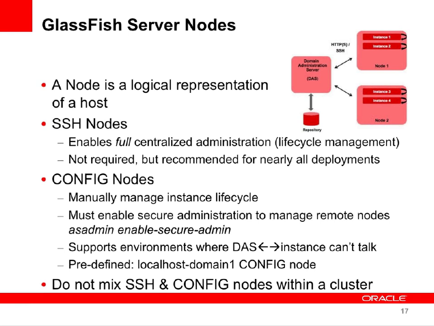So if you have a config node, you can log into the remote server and simply say start local instance, and it'll start an instance that way. Using config nodes, you have to log into each remote system and start an instance manually. Now, when using config nodes, you'll have to run enable secure admin from the command line.